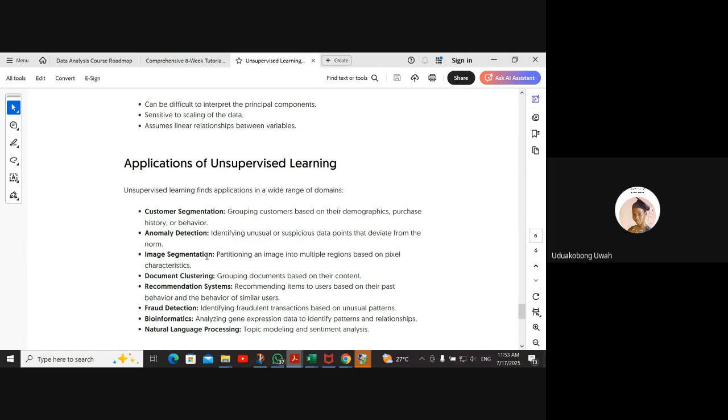So image segmentation: partitioning an image into multiple regions based on their pixels. So it could streamline the core features, and this one uses dimensionality reduction, of course. Then document clustering.